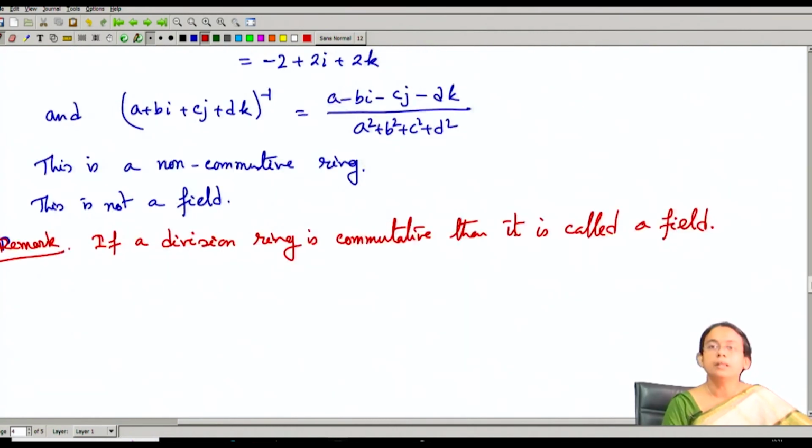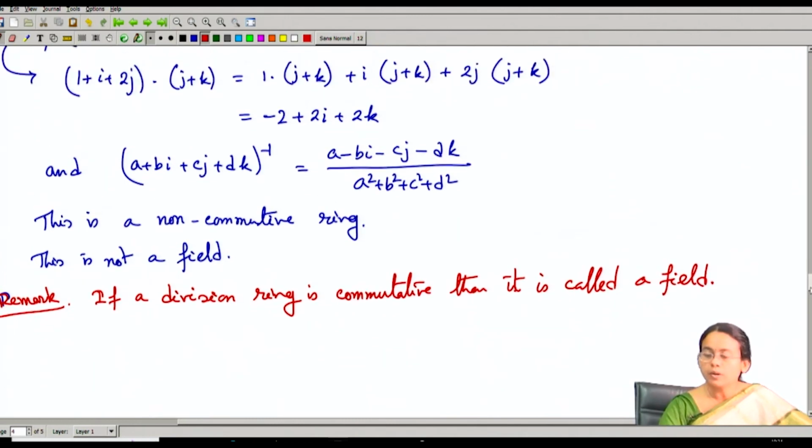So, for example, Q is a division ring which is commutative. So, Q is an example of a field, but this previous ring, the ring of real quaternions, is a non-trivial example of a division ring which is not a field because its multiplication operation is not commutative.